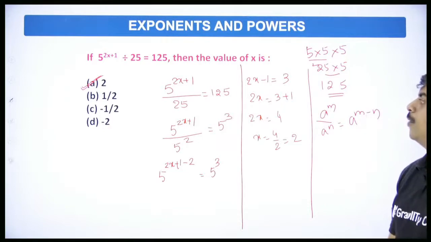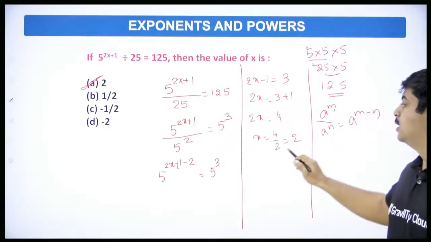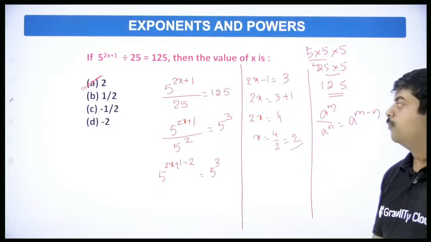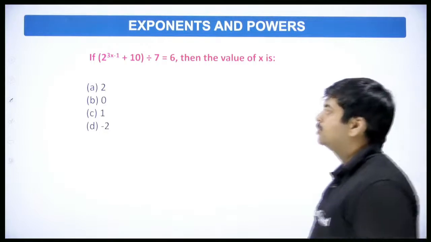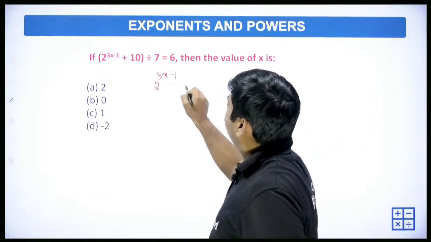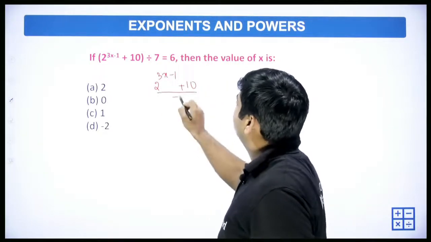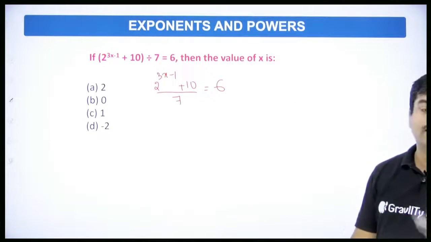So (5 power 2x plus 1) by 25 is equal to 125, and the value of x is 2. Let's move forward to the next question. If (2 power 3x minus 1) plus 10, divided by 7, is equal to 6, then the value of x is. Let's see.